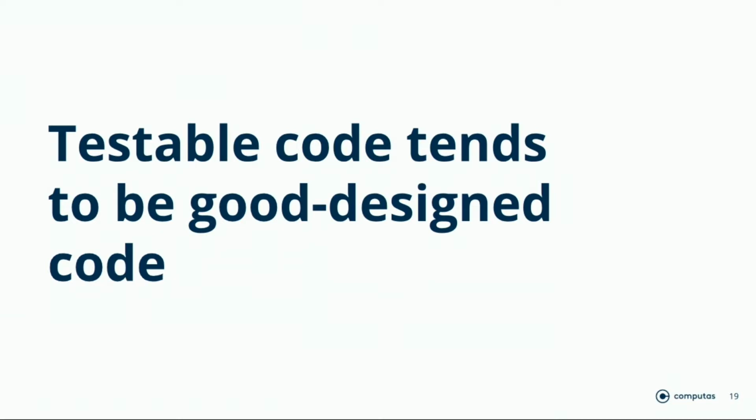If you use dependency injection, I would say that improves your design. It definitely improves the testability of your code. If your methods are short, that's good both for your design and your testability typically. And if you provide clear APIs, that's also good for design and good for testability as well. And the entire SOLID principle set, I'd say improves your design, one might say. It definitely improves testability as well.